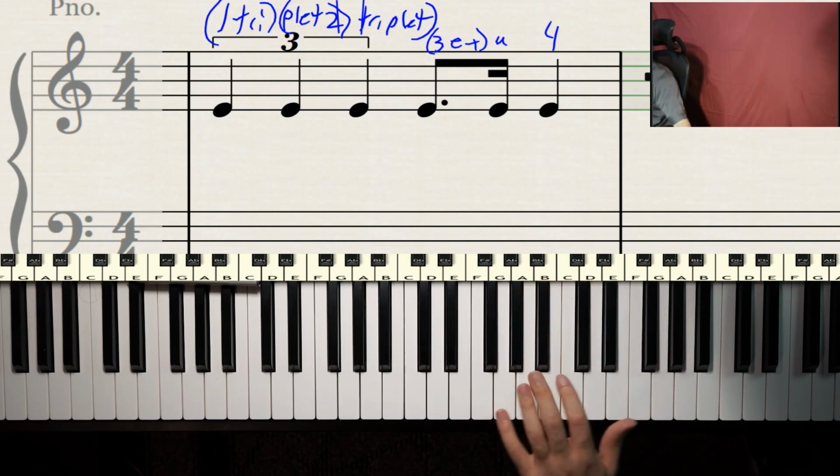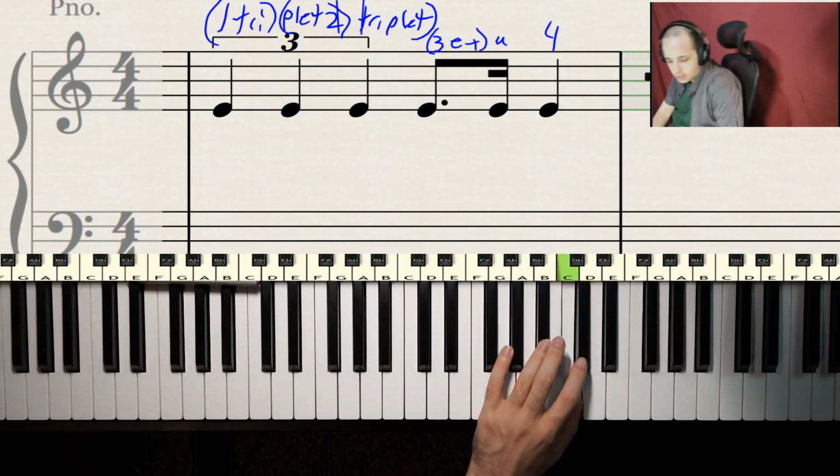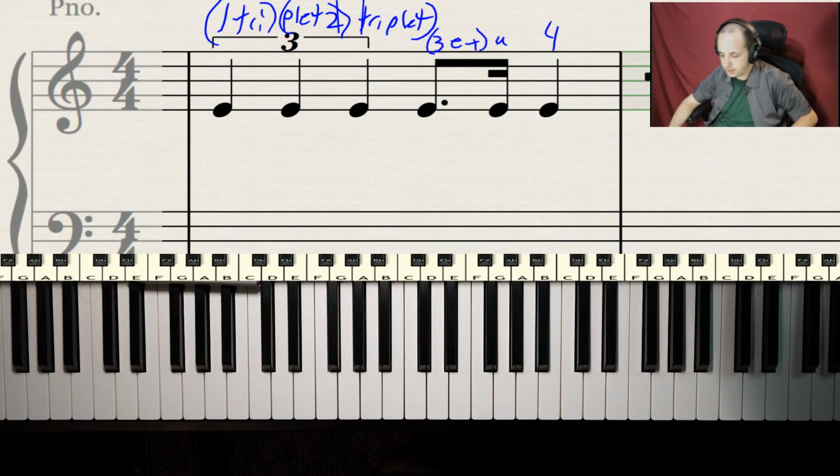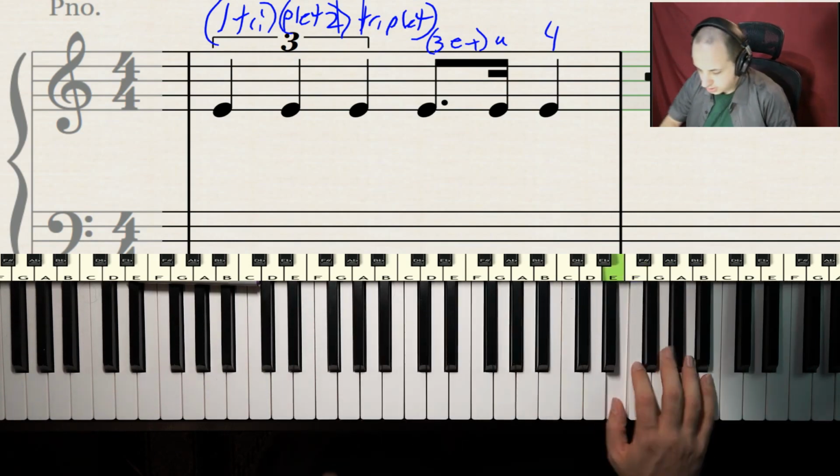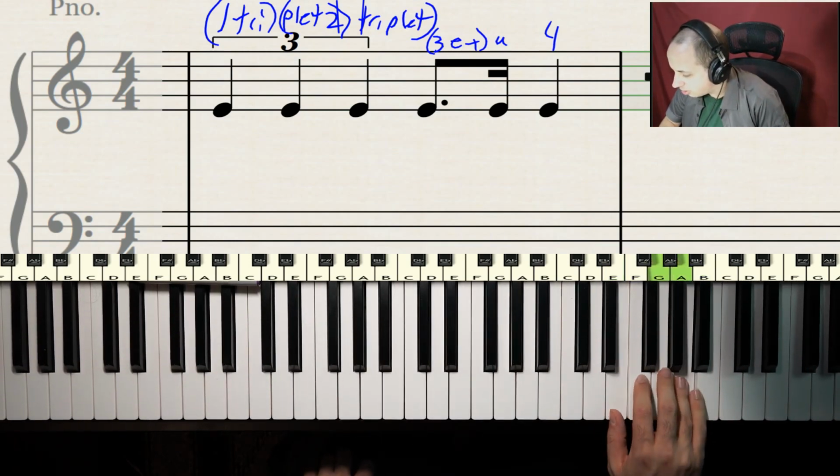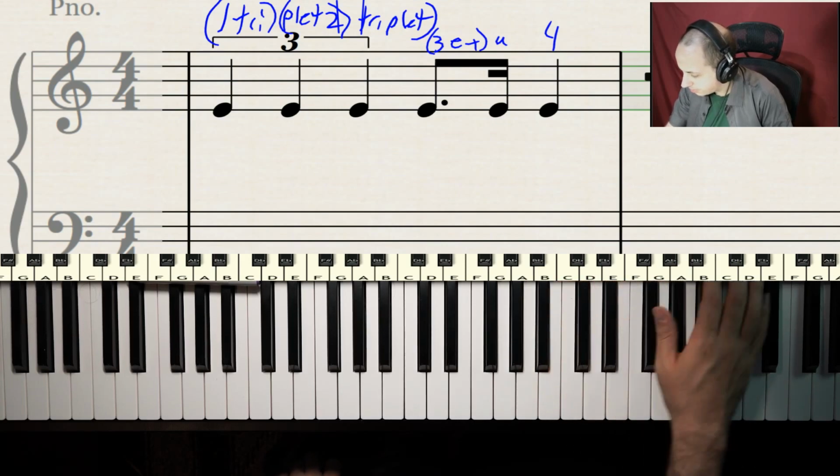I have a bunch of stuff on here. A bunch of wacky sounds and stuff. I actually have a whole expansion on just different types of pianos.